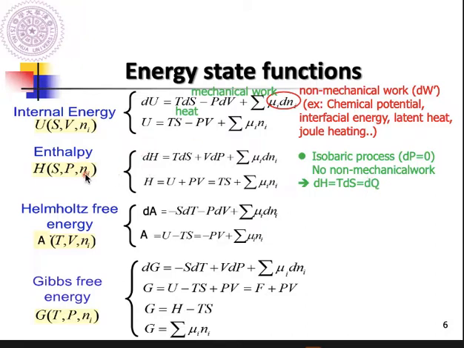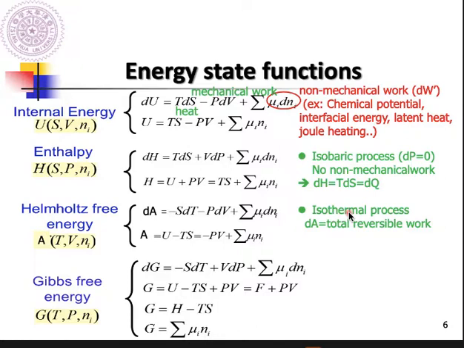So if you are a mechanical scientist, you will probably observe or measure the change of enthalpy. But if you are a chemical engineer, you are probably more interested in Helmholtz free energy, dA. As we mentioned, dA equals minus SdT minus PdV plus the non-mechanical work. If you are a chemical engineer, your process is probably performed in an isothermal process.